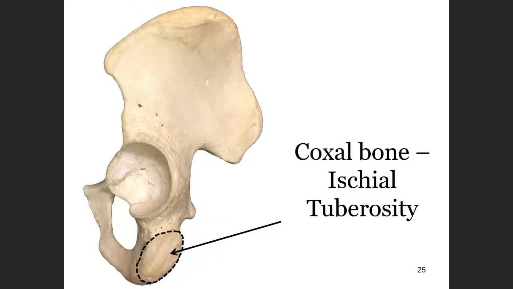Then you got your ischial tuberosity right below the lesser sciatic notch there. Okay, that's where your hamstring muscle's attached to, and that is the bone that you're actually sitting on right now. Sometimes referred to as the sits bone.